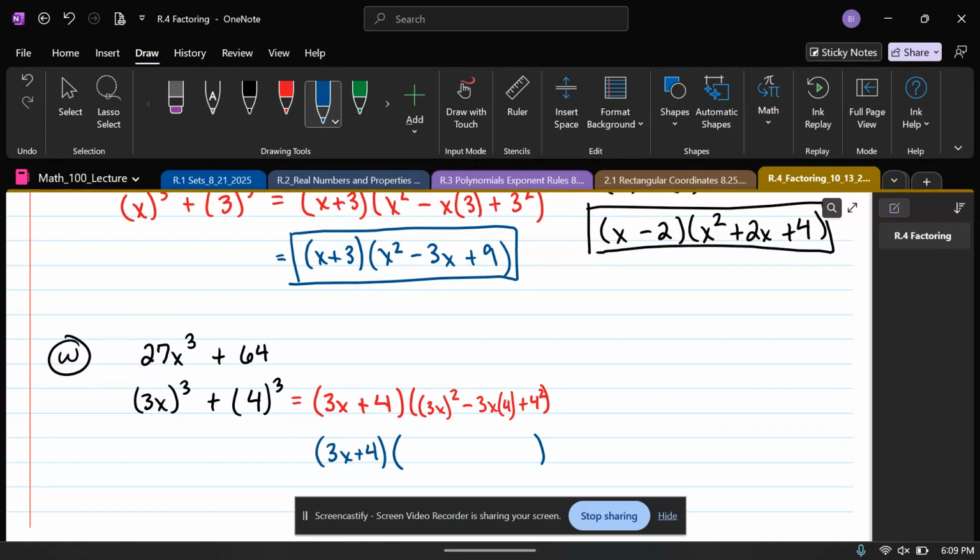What happens when you square 3x? Yeah, the 3 becomes a 9 because it's 3x times 3x. So that's 9x squared minus 12x plus 16. That's where that extra step in there is muy importante.